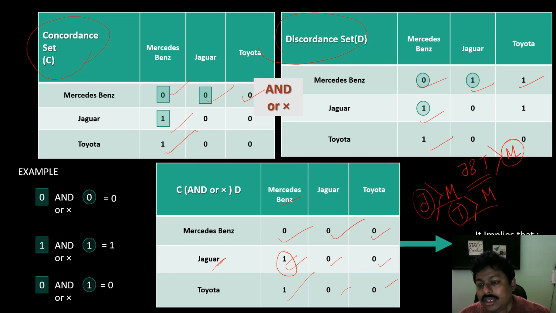But you cannot say that Jaguar is more important than Toyota or Toyota is more important than Jaguar, because the last matrix, the cross matrix between the concordance and discordance set, has resulted in an inconclusive selection. This is another drawback of ELECTRE. I have already said that there is one drawback, that the weightage of the indicators or weightage of the criteria is given by the decision maker.